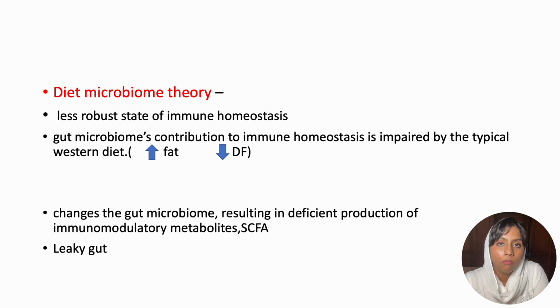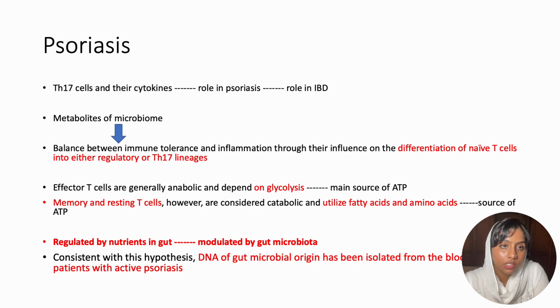Due to this, there is a defective production of metabolites like short chain fatty acids, which produces a leaky gut and disrupts the immune homeostasis, which can produce an exaggerated response to the environmental antigens and the dietary antigens.